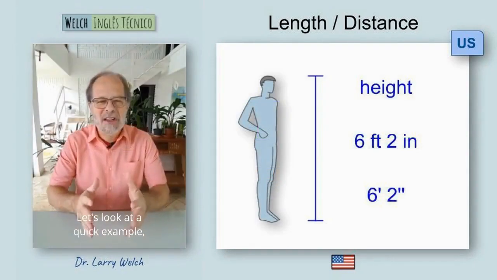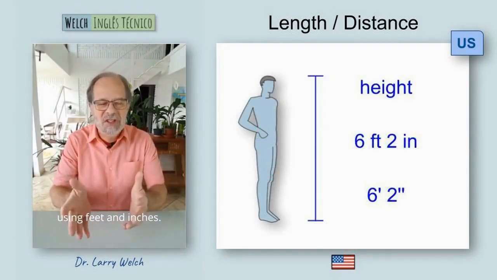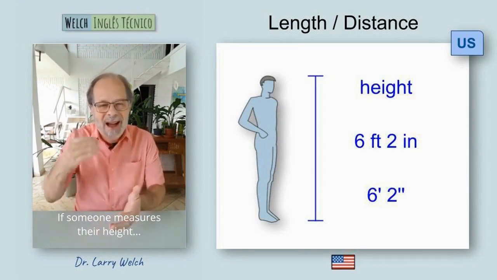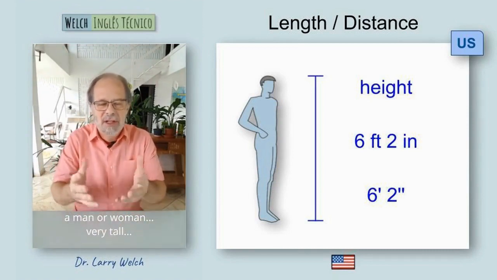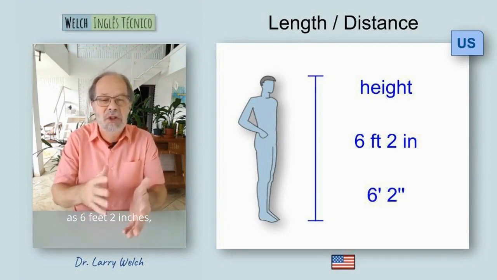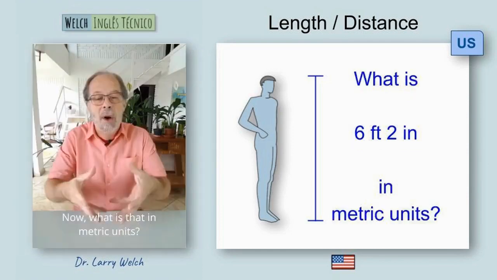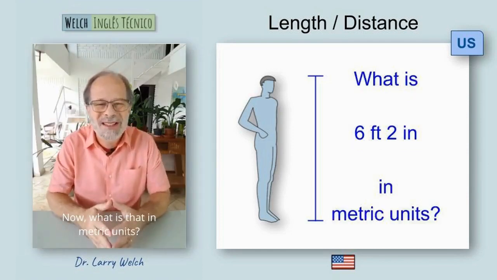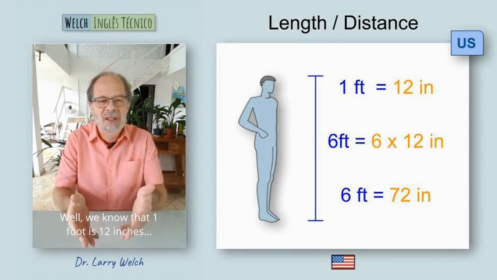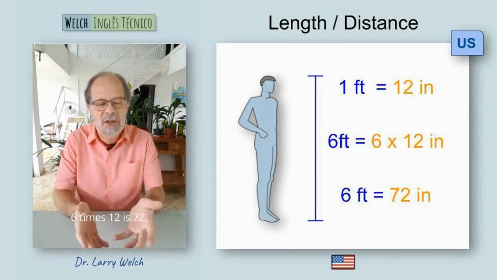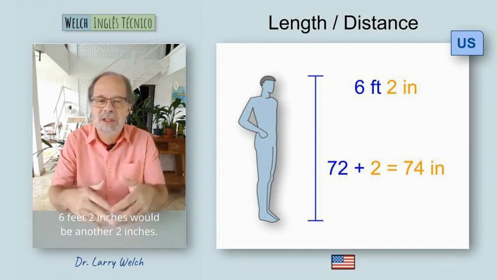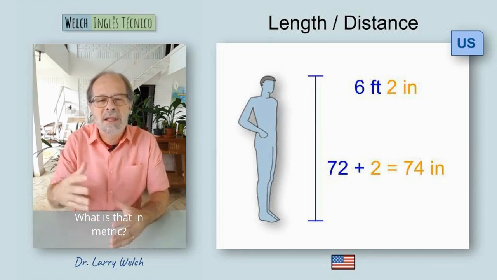Let's look at a quick example using feet and inches. If someone measures their height, a man or a woman very tall measures their height in the United States as 6 feet 2 inches. Now, what is that in metric units? Well, we know that 1 foot is 12 inches. 6 times 12 is 72. 6 feet 2 inches would be another 2 inches, so 74 inches. What is that in metric?